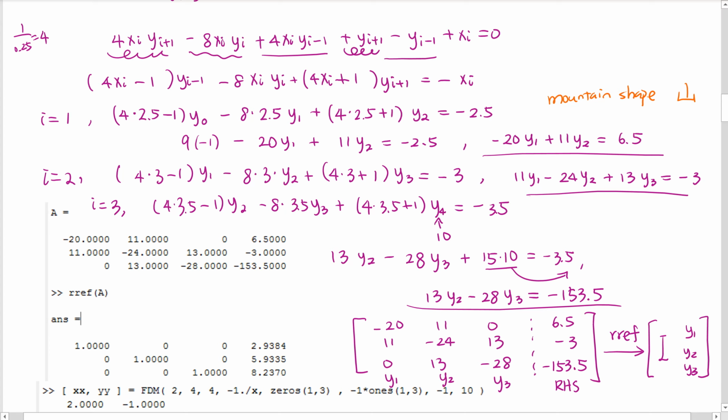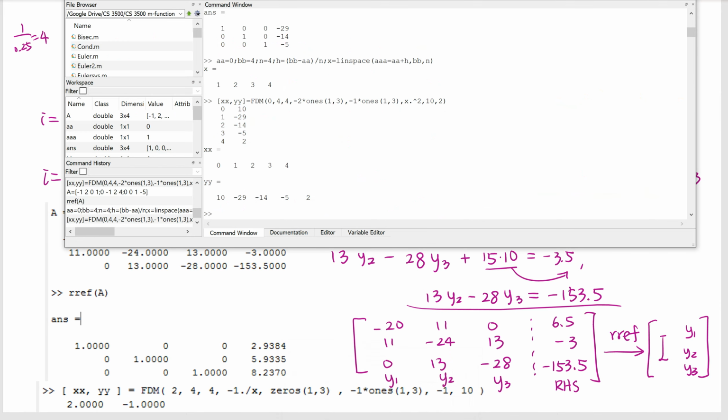Okay, let's see. So I'm going to show you in MATLAB or Octave. So we have the matrix B now equals minus 20, 11, 0, 6.5. 11, minus 24, 13, minus 3. 0, 13, negative 28, negative 153.5.